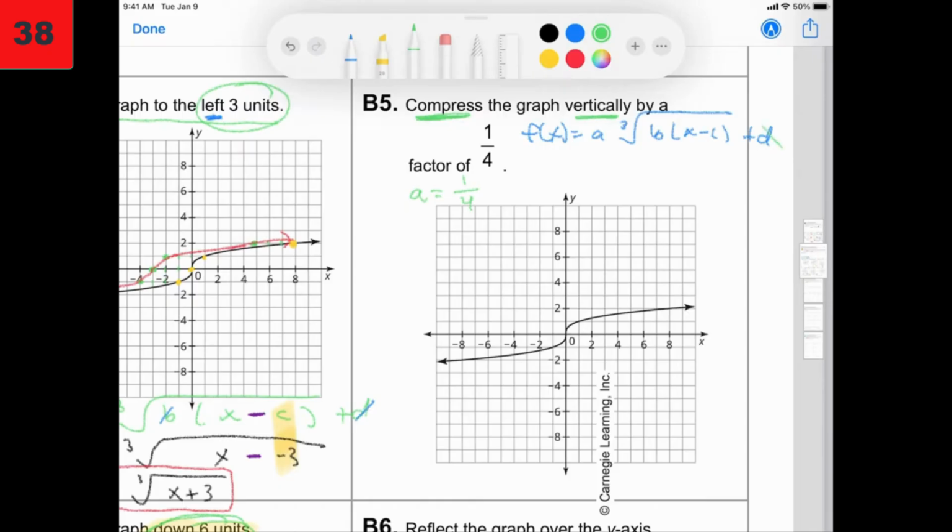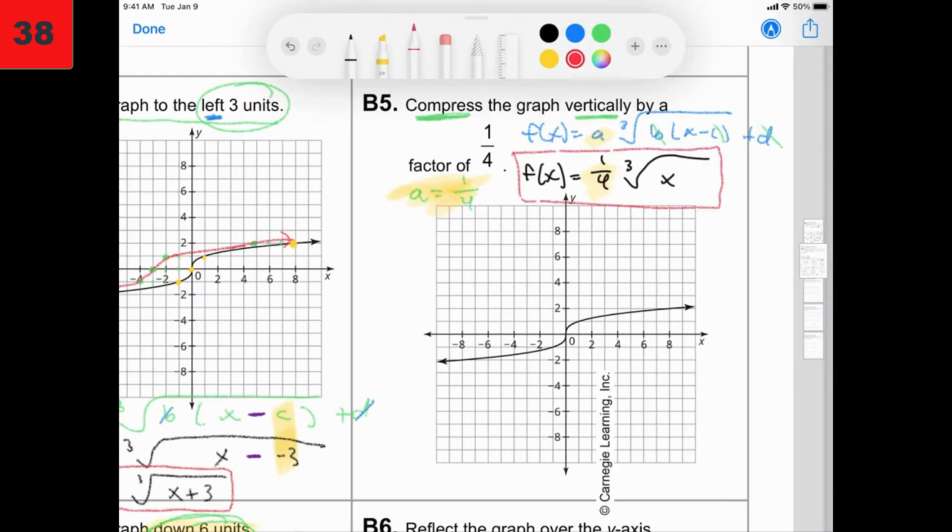So I don't need D, C, and B, and then our A value is just 1/4. So f of x equals 1/4 cube root of x. And this is our answer.